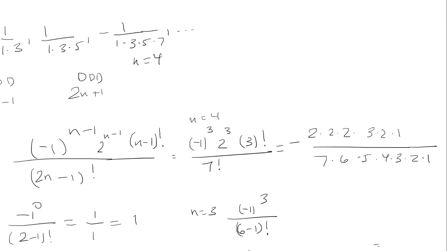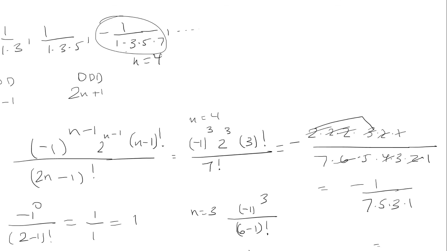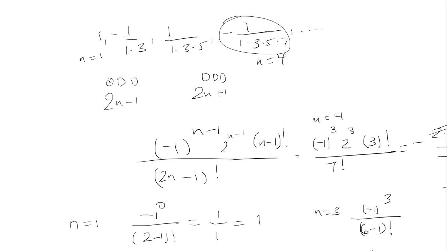Now, I can pair these up. 2 and the 3 make 6, so that's going to get canceled. 2 and 2 make 4. 2 and 1 make 2. So I'm left with negative 1 over 7 times 5 times 3, and then obviously times 1, which is exactly what I have over here, except obviously the order is a little different. Okay, so that seems to be working, and that is exactly our nth term.